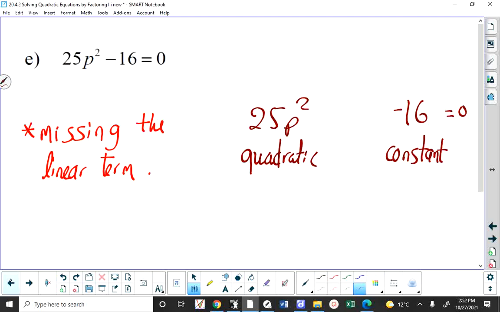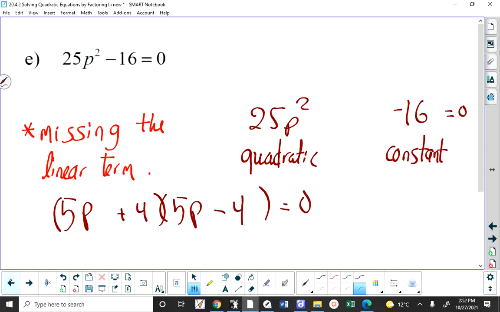Is 25p squared a perfect square? Of what? What would you square to get 25p squared? Well, 5p. Is 16 a perfect square? Yeah. Of 4. So this is the factored form.